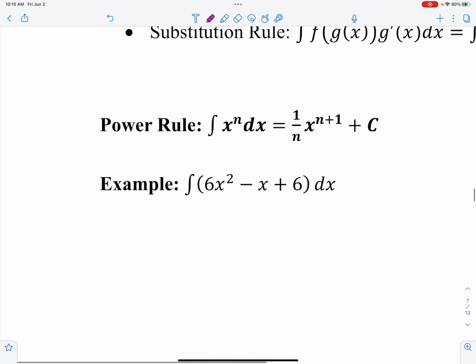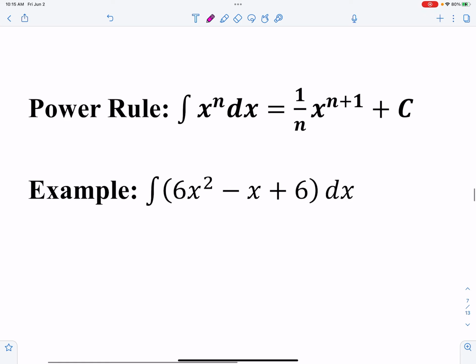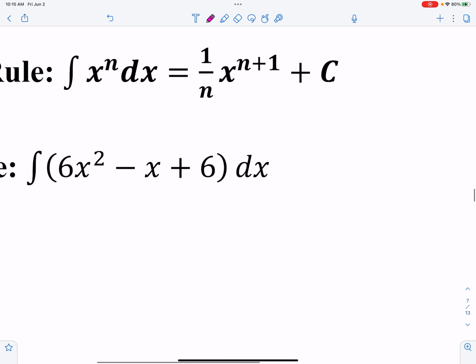Okay, so let's go through some examples here. Let's integrate this function. Notice that the grouping symbols are there. We're integrating 6x squared minus x plus 6. So applying power rule for integration, the 6 you can think of as just hanging out there. And then when you're integrating x squared, that would be 1/3 x cubed.